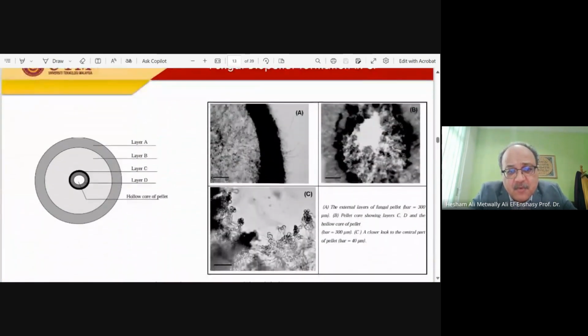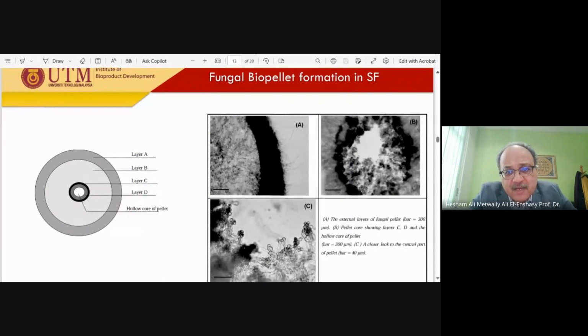Furthermore, we investigated the growth, or fungal biopellet formation, in a shake flask. We have seen that the biopellet is not homogeneous in structure. We have different layers. Layer A is exposed to oxygen and is a dense layer, because this microbe is aerobic.